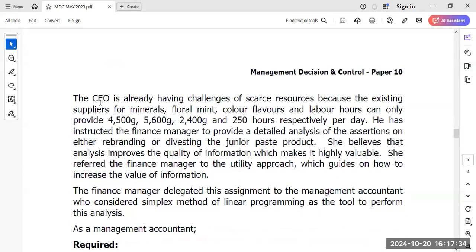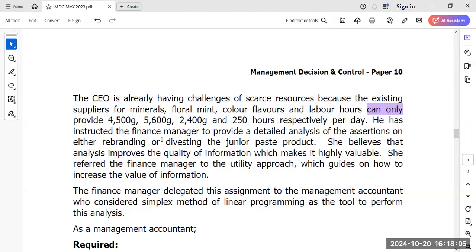So they are telling us here, the CEO is already having challenges of scarce resources because of existing suppliers for minerals, fluorine, color flavors, and labor hours, can only provide, are you seeing this word? The suppliers, when you observe this word, the suppliers can only provide this.